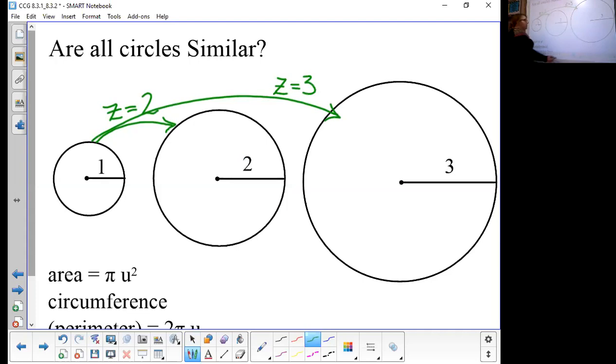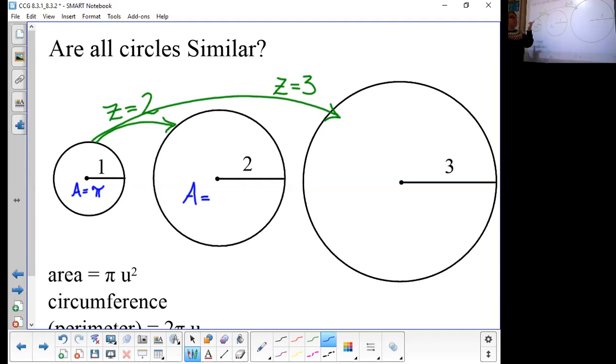Okay, so let's start with areas. If I want to find the area of this shape, we saw it would just be pi, right? 4 pi. Okay, so if I want to find the area of this shape, my zoom factor is 2. So what do I do to my zoom factor when I'm looking at areas of similar shapes? I square it, because a zoom factor affects the length, but an area is 2 dimensions, length and width.